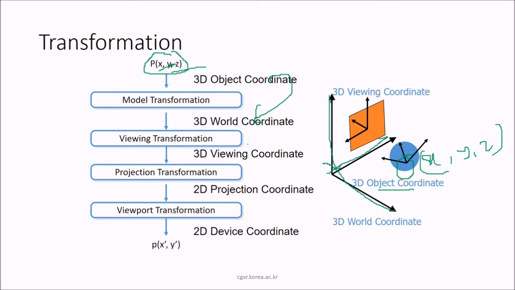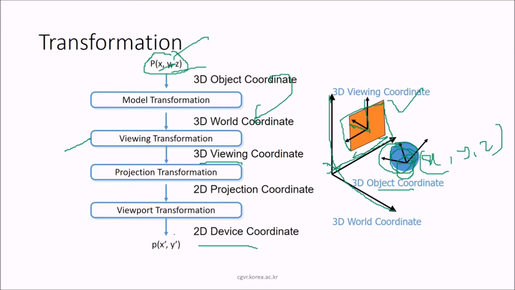After this 3D world coordinate, we apply the viewing transformation, which converts it to the 3D viewing coordinate. So this is x, y, z corresponding to this 3D view. And then the projection transformation places it on a 2D projection coordinate, and then the viewport transformation shows it on a 2D device coordinate, because this is 3D and you have to show it on the 2D device coordinate.